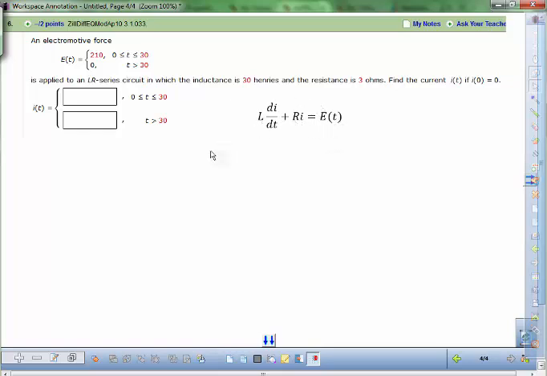What's L? Okay, so it says here in a circuit in which the inductance is 30 Henrys and resistance is 3 ohms. So what's L?